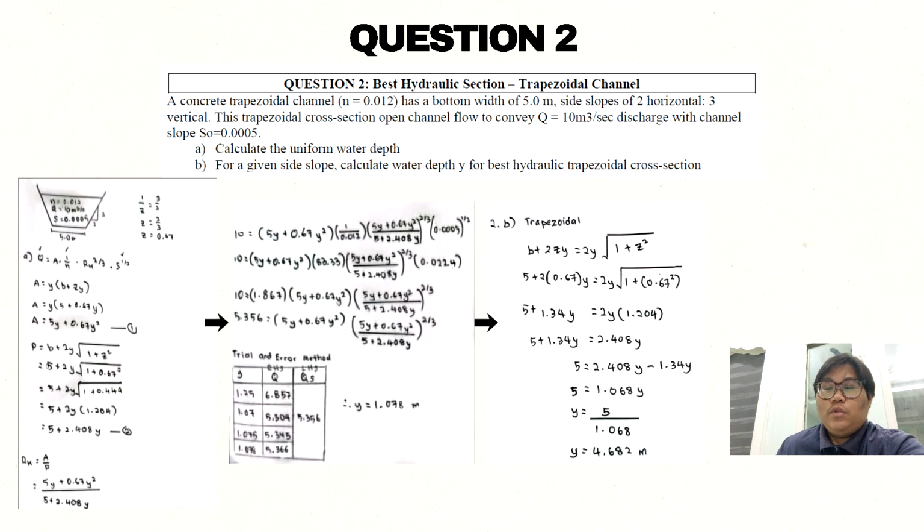After that, divide the 5 by 1.068, and you will get y, that is 4.682 meter.